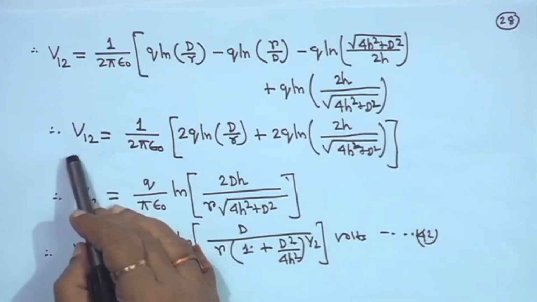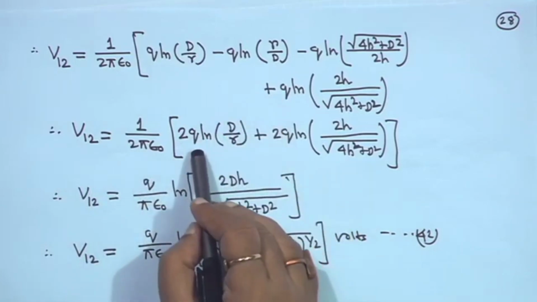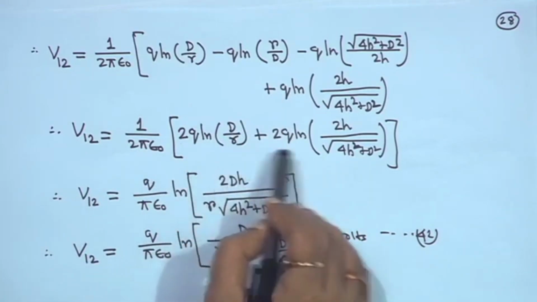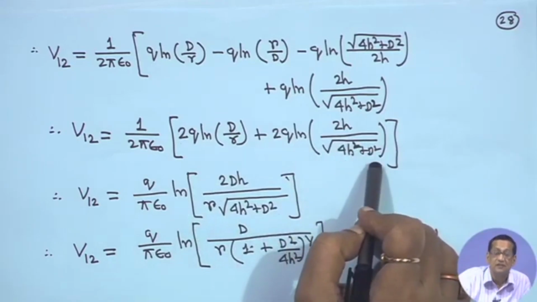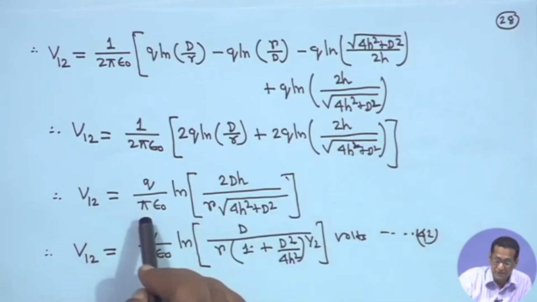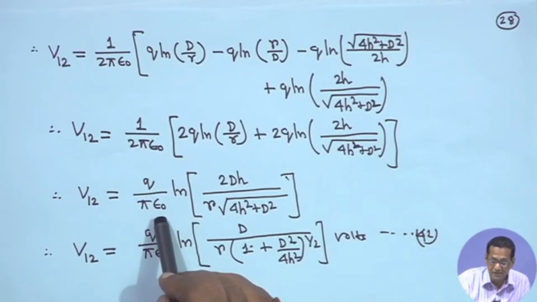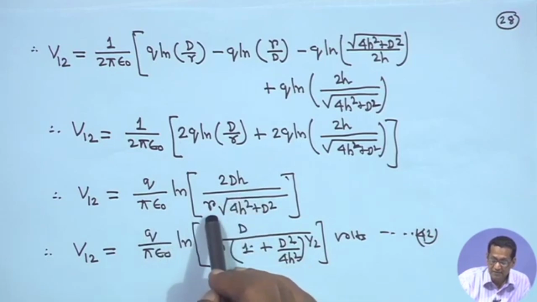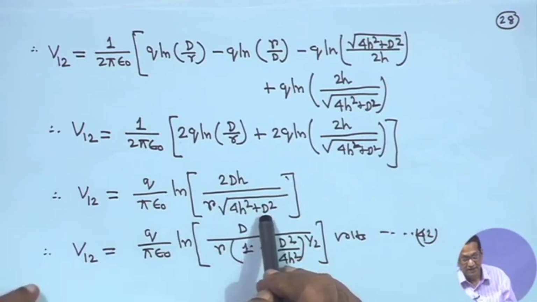So, therefore, V12 after simplification is 1 upon 2 pi epsilon 0 times 2q ln d upon r plus 2q ln 2h root over 4h square plus d square. Therefore, V12 is equal to q by pi epsilon 0 ln 2dh divided by r root over 4h square plus d square, right.